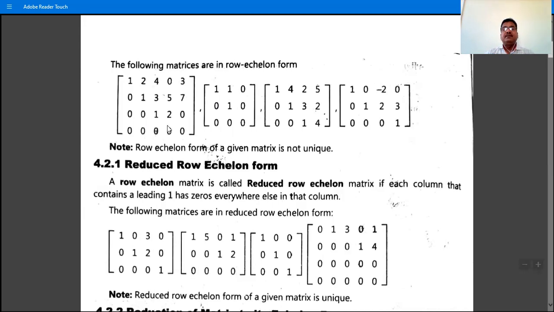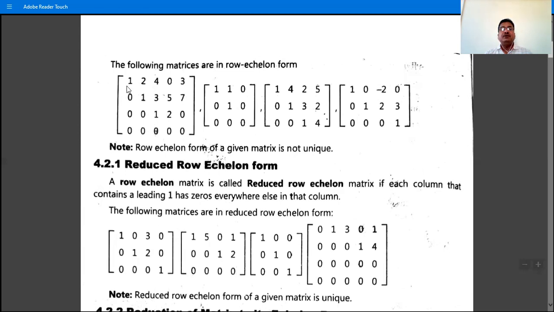It is not necessary that in a row echelon form a 0 row exists. The existence of a 0 row is not important in row echelon form. If a row in the matrix is a 0 row, then it is at the bottom of the matrix.